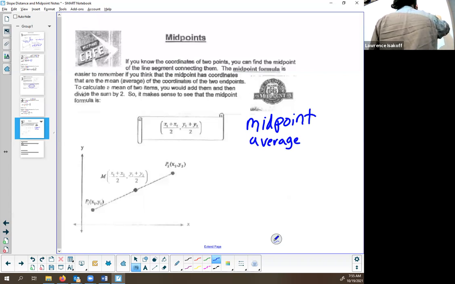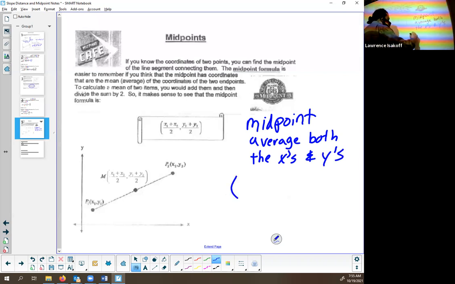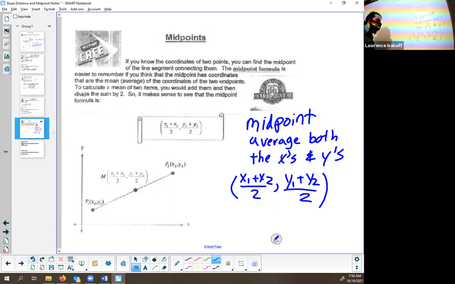So average both x's and y's. So what it's going to look like is x1 plus x2 divided by 2, comma, y1 plus y2, all divided by 2.